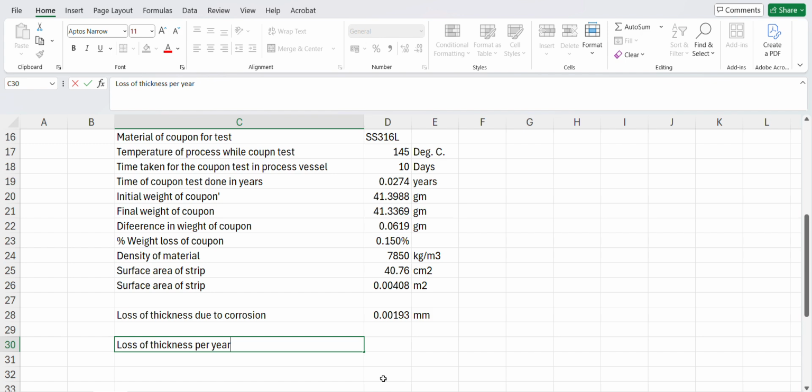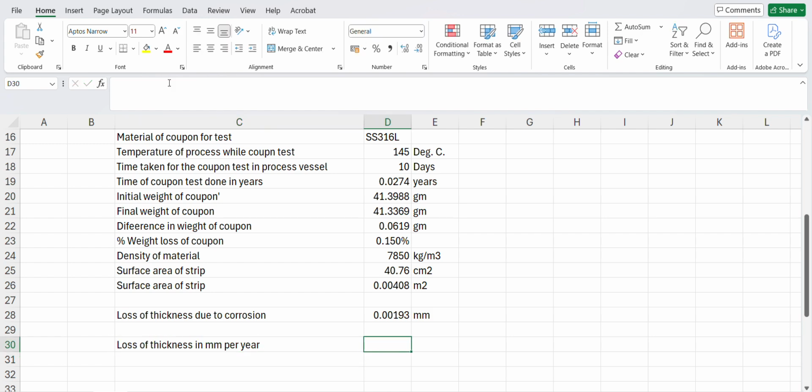We calculate this by dividing the loss of thickness by how much time we performed the test. So we get the actual thickness loss per year. That means our thickness loss is 0.7061 per year.